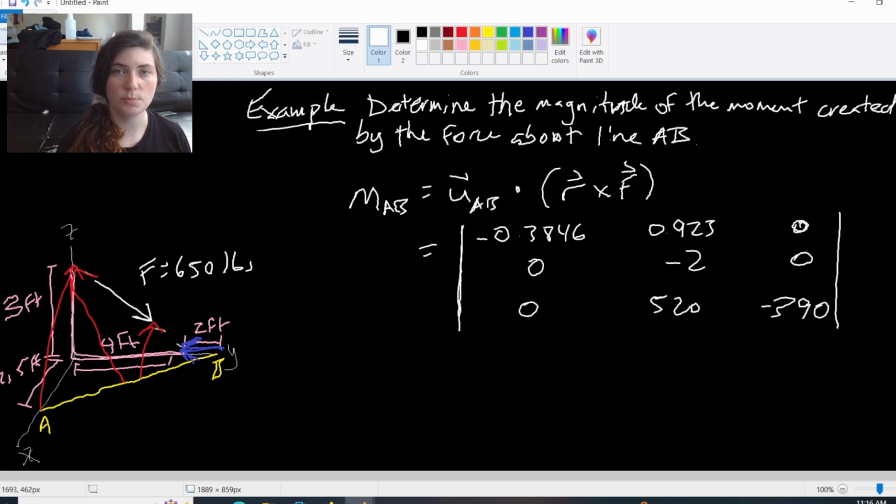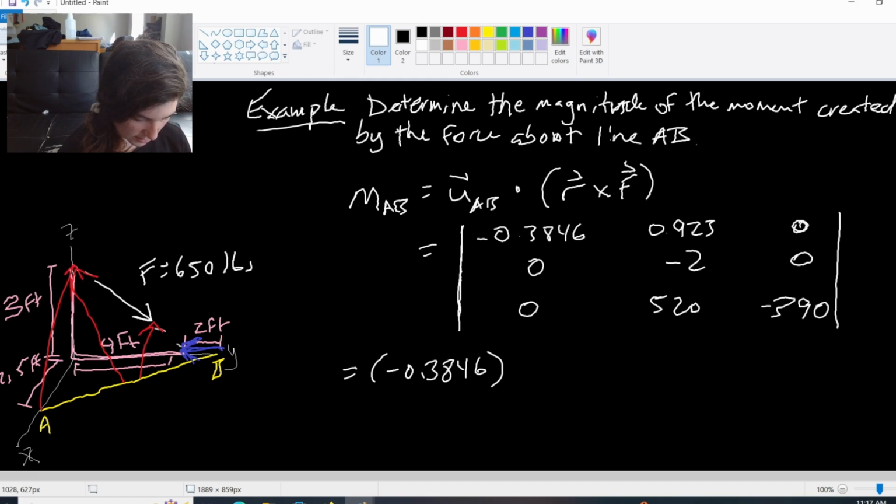And then I do this cross product exactly like I would do our cross products beforehand, just instead of i, j, k, now we actually have numbers in the top row. Right, so we're going to have -0.3846 times -2 times -390, minus 520 times 0.